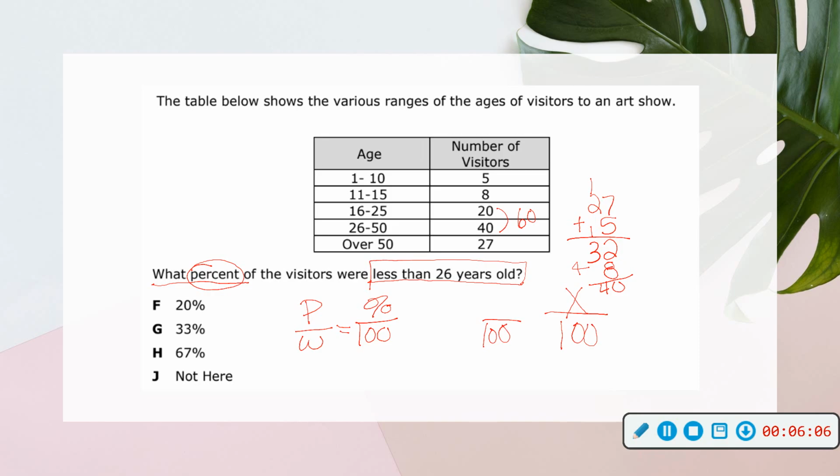And then from there, I'm going to just count the ones that are less than 26. So 20, 28, and I get 33. So 33 over 100 should give me 33. Moving on.